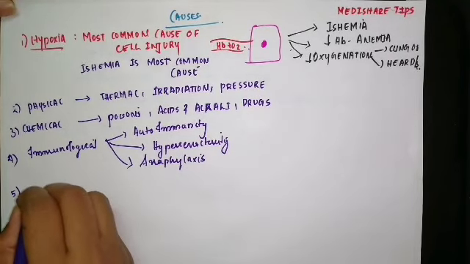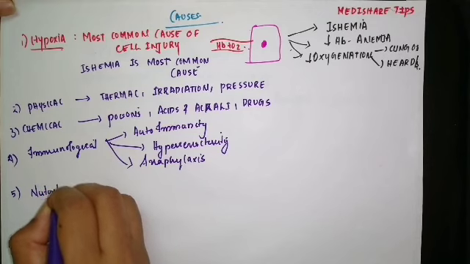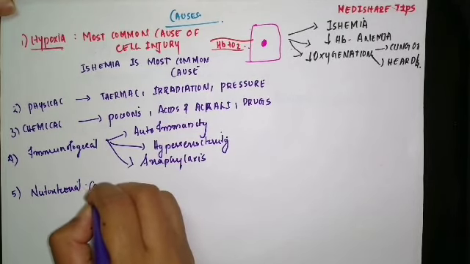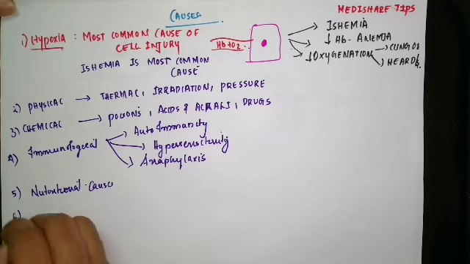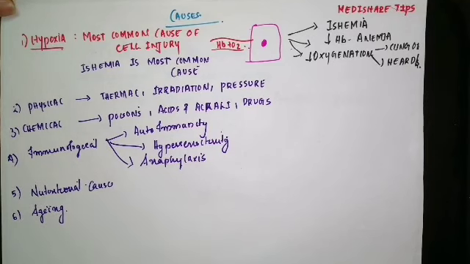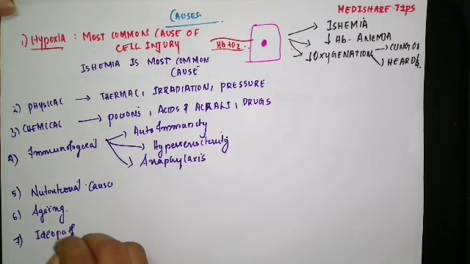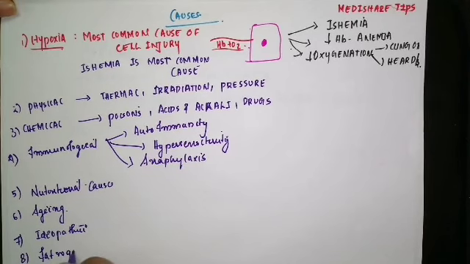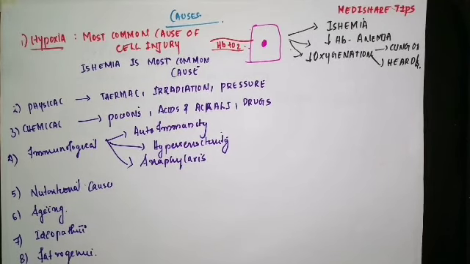Or it can be due to nutritional causes, nutritional deficiency, or aging can also lead to cell injury. Some idiopathic causes and iatrogenic causes can also result in cell injury. So these are the causes of cell injury.